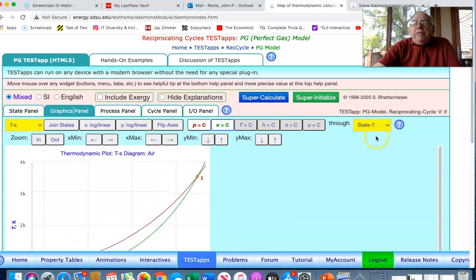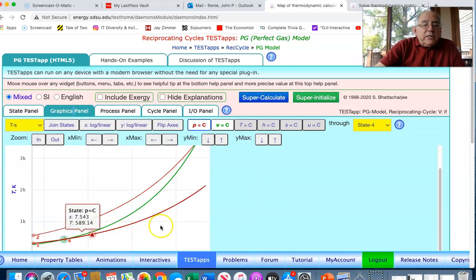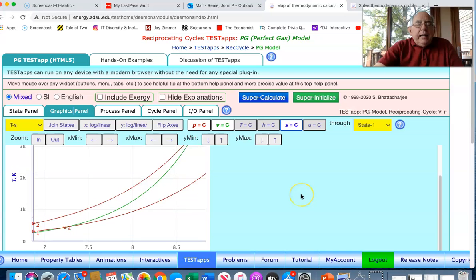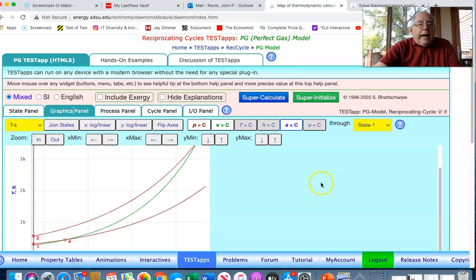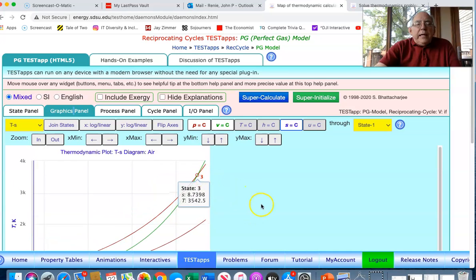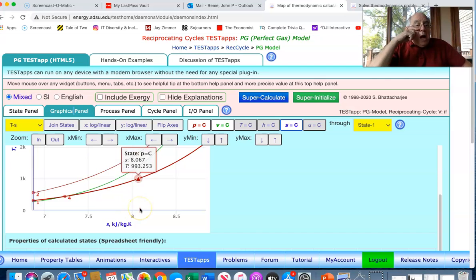And then finally through 4, I can finish it up by looking at a constant pressure line. To be complete, I can say through 1, let's go ahead and put in a constant entropy line. And then we have the full diagram. Here's our 1 to 2, our 2 to 3, our 3 to 4, and finally our 4 back to 1.